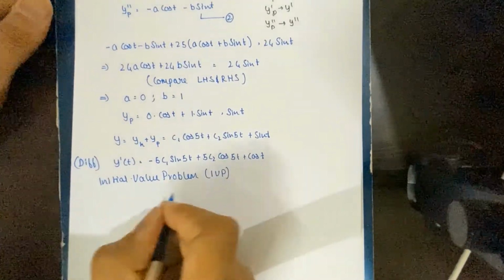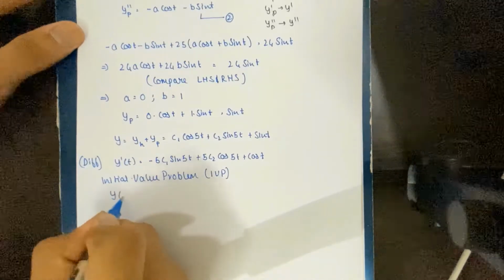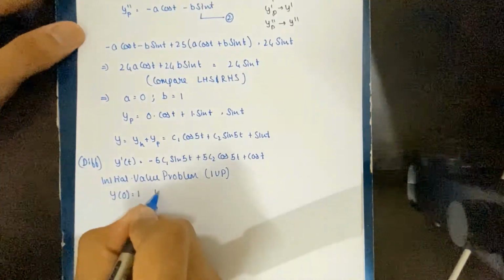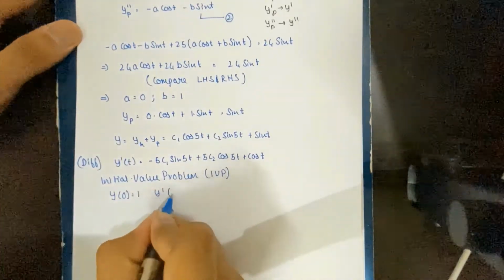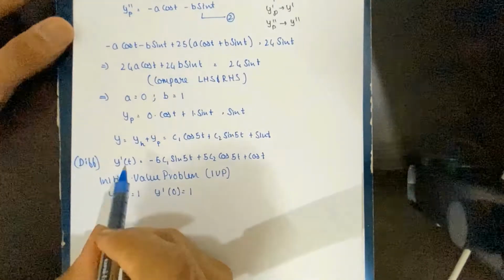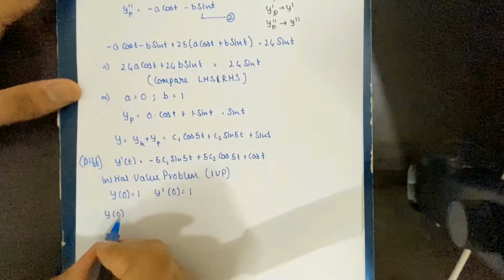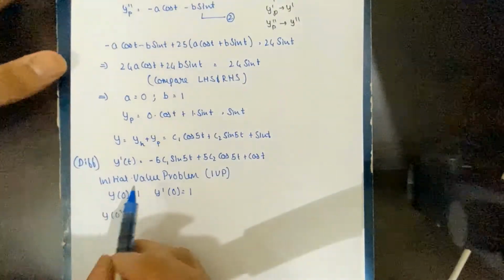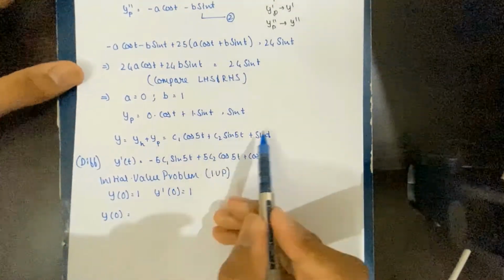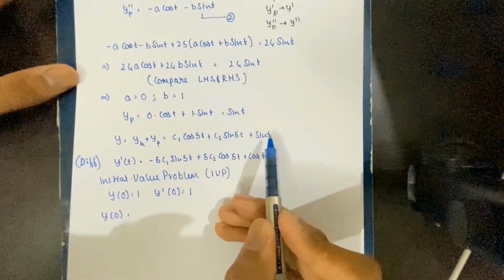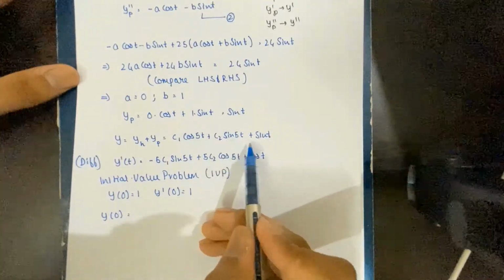IVP. We know that y(0) equals 1 and y'(0) also equals 1. So for y(0), these two terms become 0 because sine 0 and sine 0.